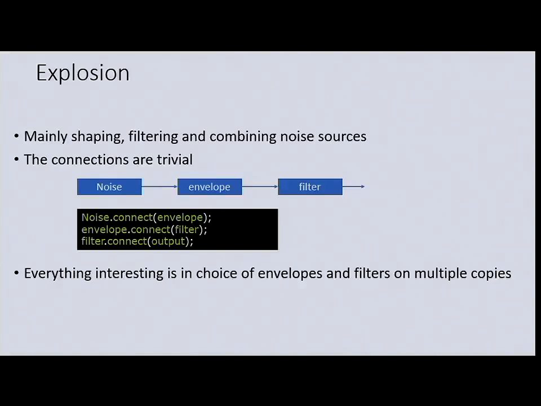Yeah. So I didn't even give an informal definition of envelope. It is usually, but not always, referring to a gain, but it is a change in a parameter over time.